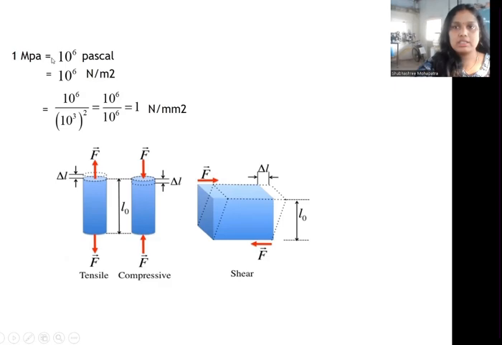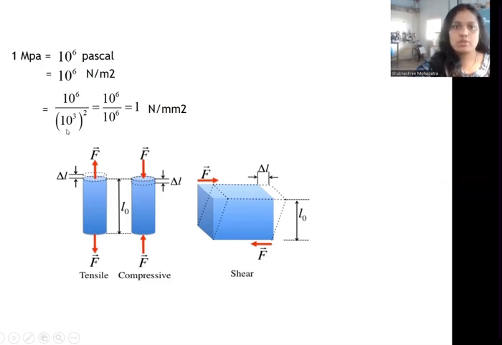1 megapascal is equal to 10 to the power 6 Pascal, which is equal to 10 to the power 6 Newton per meter square, as 1 Pascal equals 1 Newton per meter square. So here we have to convert it to Newton per mm square. That means we have to convert meter to mm. Here we already have 10 to the power 6, and 1 meter equals 10 to the power 3 mm.